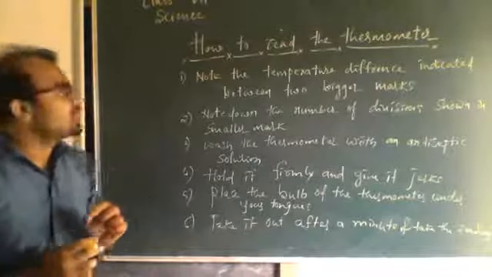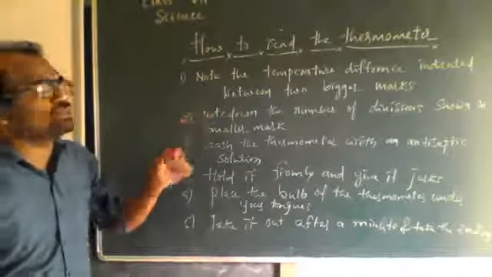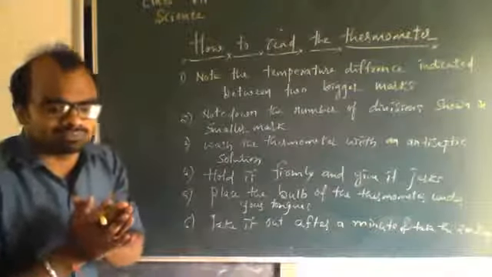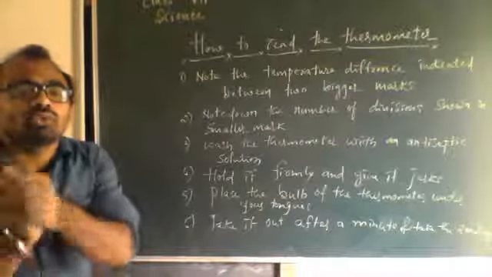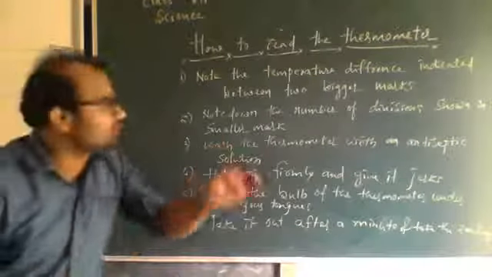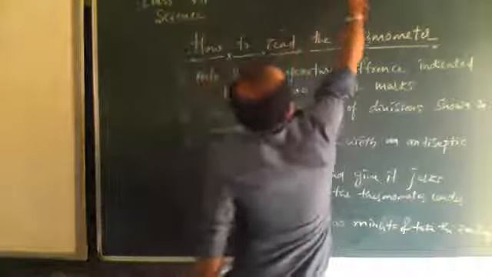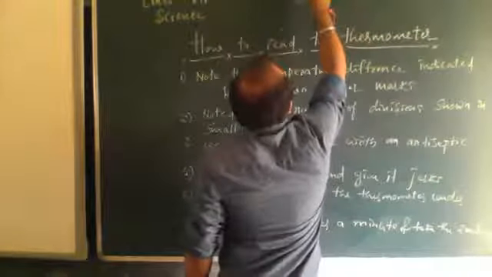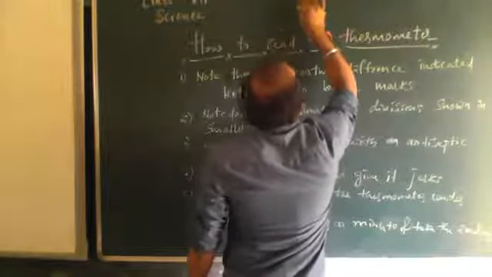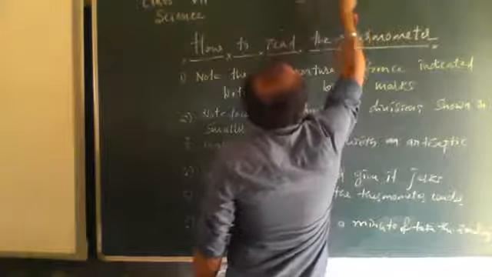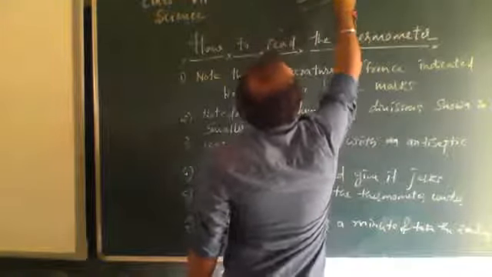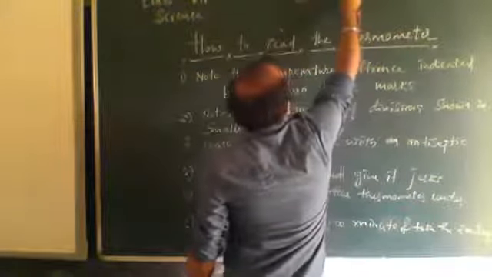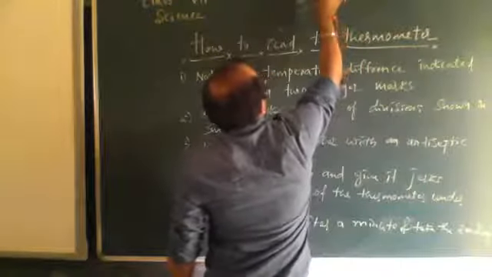First, note the temperature difference indicated between two bigger marks. In the thermometer there will be two bigger marks. If I take only this part of the scale, there is one bigger mark here, another bigger mark here, and another here, and there are small marks: 1, 2, 3, 4, 5.